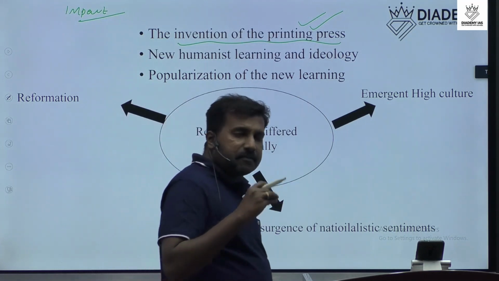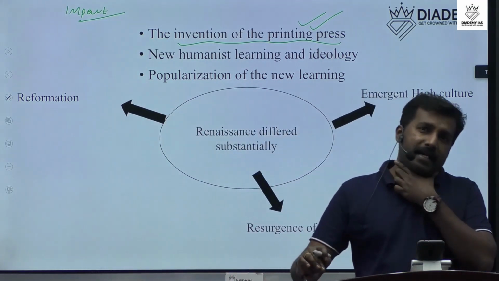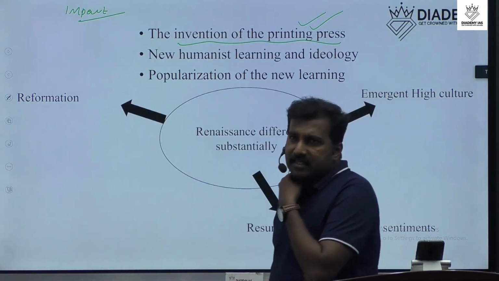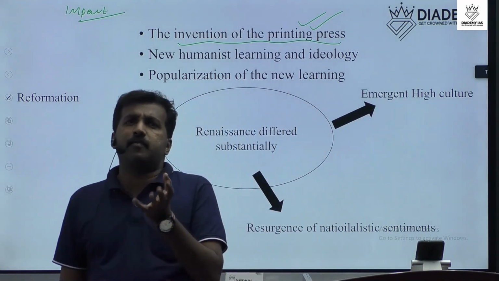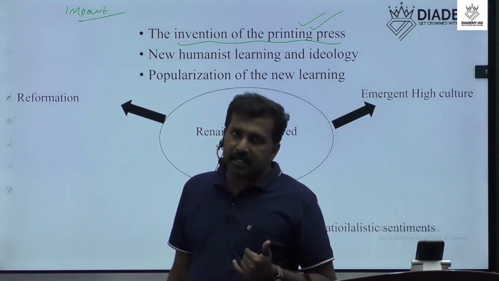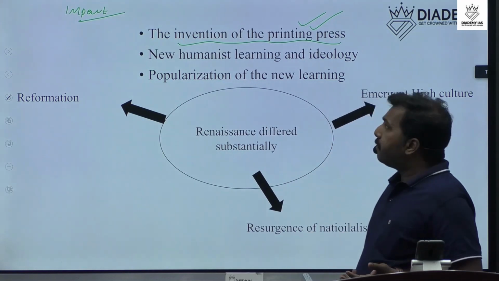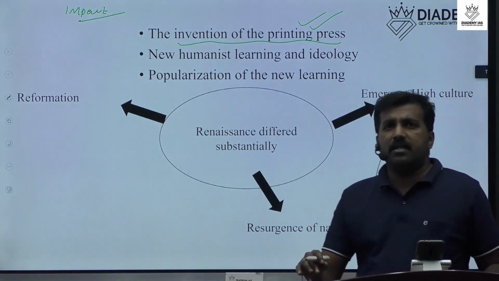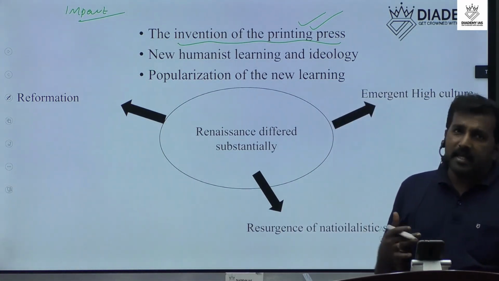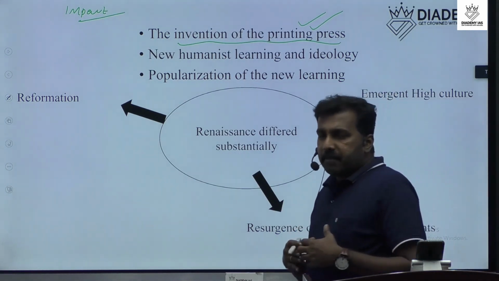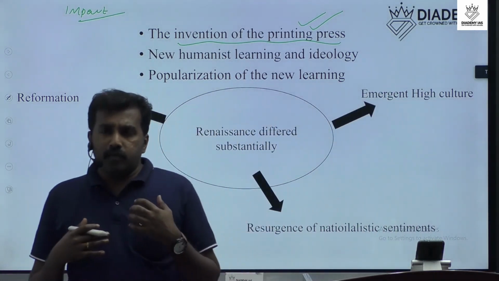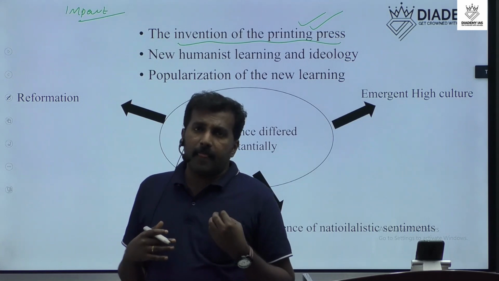Why did Renaissance spread rapidly in England, or why was Renaissance a successful movement in England? The reason is the invention of printing. Through the invention of printing, common people became aware of their power.